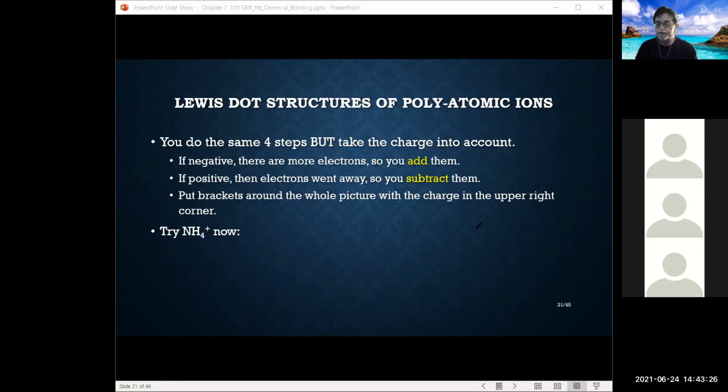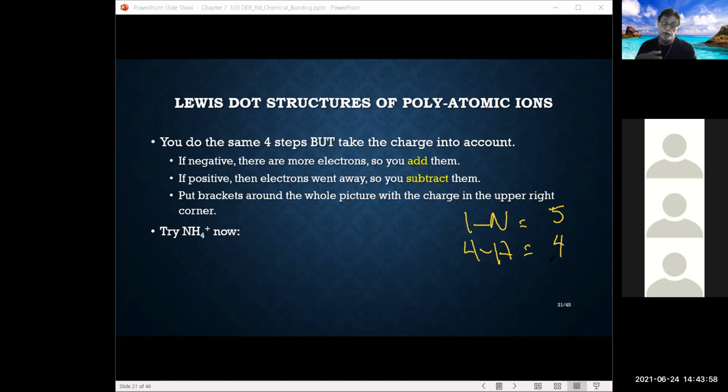All right, so we do the same like we've done before, nothing different. We got one nitrogen and 4 hydrogens. So valence electrons, nitrogen is in group 5, so we bring 5. The hydrogen, each one has 1, so 4.